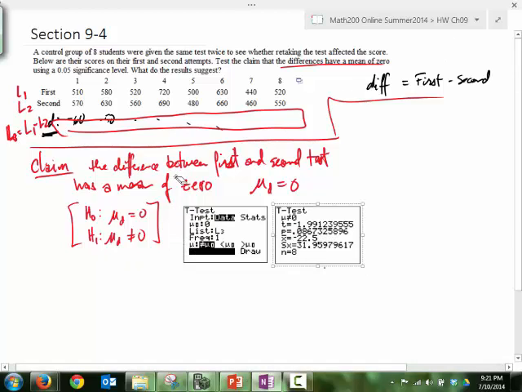And when you do this t-test, it's good for you to write down as much information as possible. So you can say a t-test, and then your list is going to be L3, which you got by subtracting L1 minus L2. That piece of information would be good for me to know.